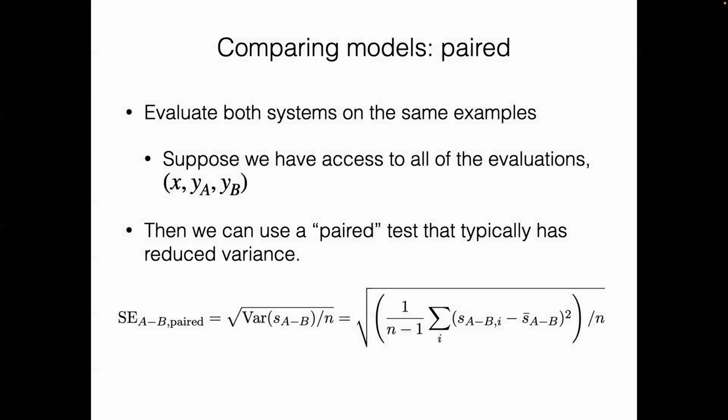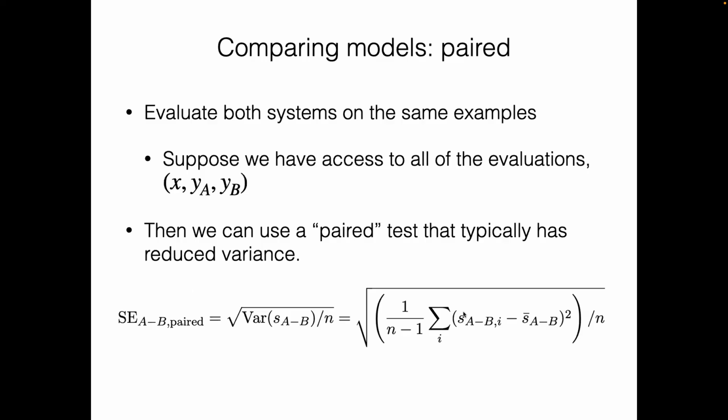Okay, so next we could consider what happens if you have two systems and you evaluate them on the same examples, and you have access to the results on individual examples. It turns out that you can get a better standard error estimate if you use this kind of paired data.